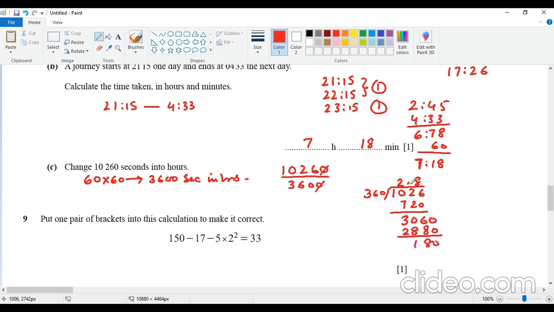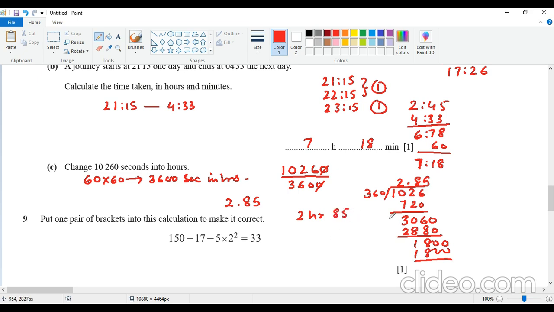Since decimal is already here, you put a decimal zero here, and 360 times 5 is going to give us 1800. That means 2.85 is going to be your answer. But again, 2.85 is not going to be a correct answer, because it is 2 hours and 85 minutes.